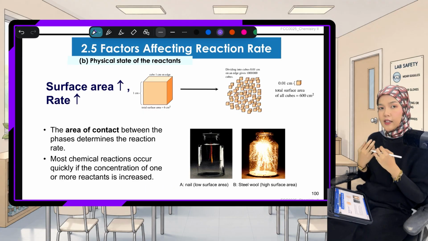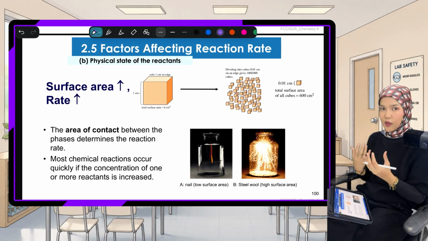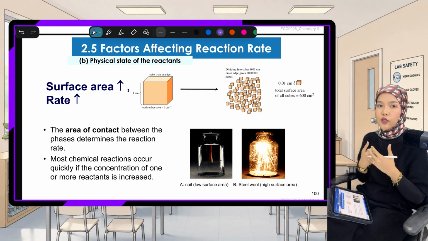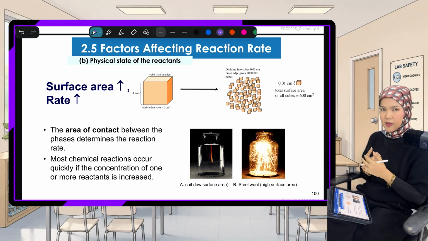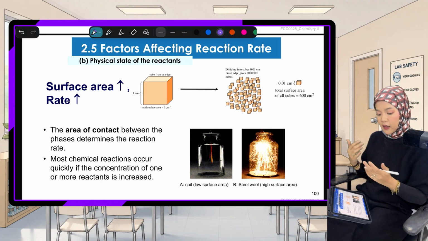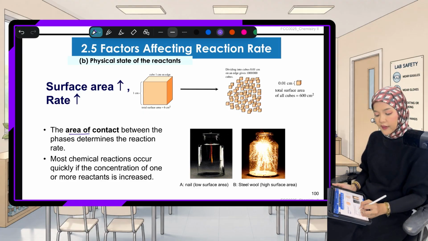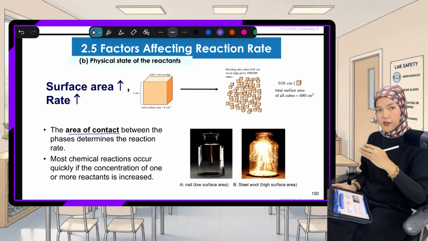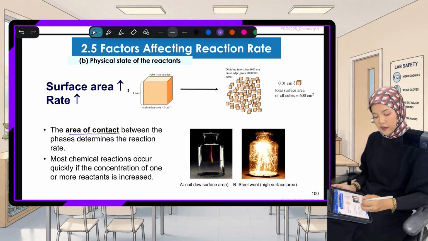If you have a higher surface area, especially for solid cases, you are going to have a higher rate. This is more applicable for heterogeneous reactions. So the area of contact between the phases will determine the reaction rate. Basically, the higher the surface area, the higher the rate.